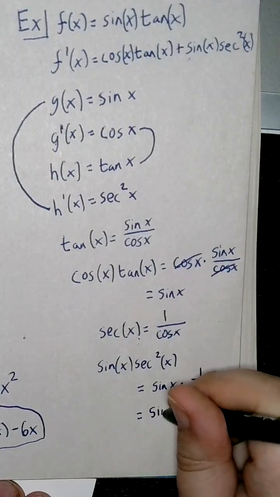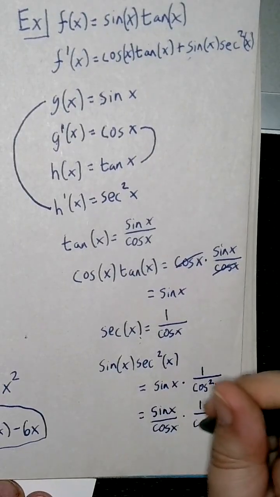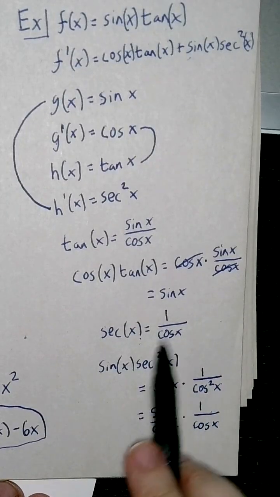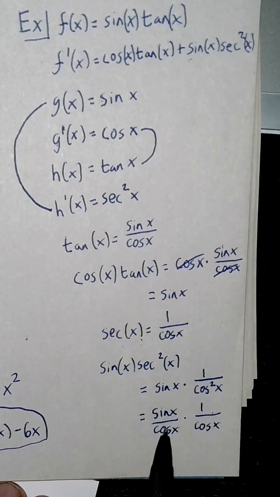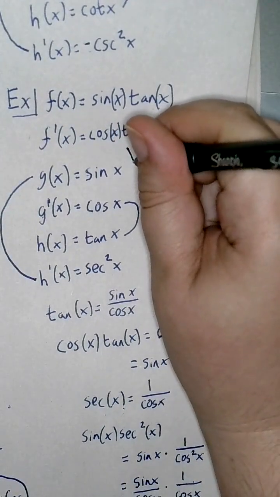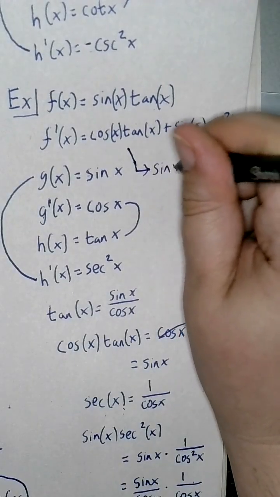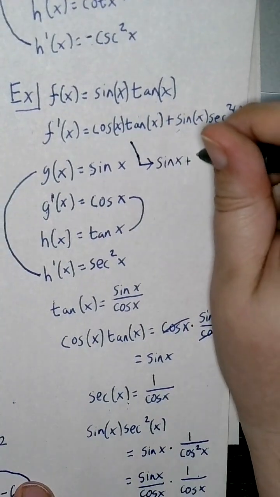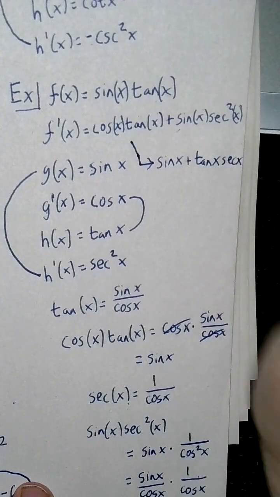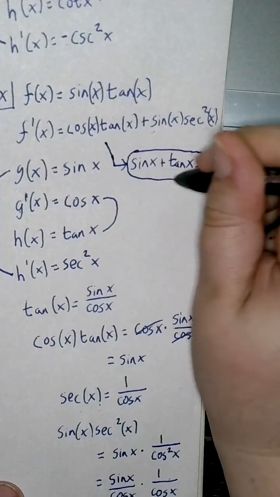So I have sine of x over cosine x times 1 over cosine x. But as we discovered, 1 over cosine is secant, and sine over cosine is tangent. So this would be equal to sine x plus tangent x times secant x. And I didn't give myself enough room to write the answer. But yeah, that is it.